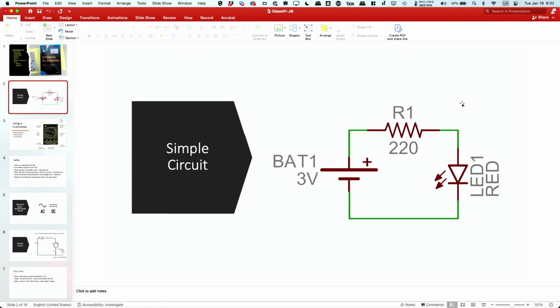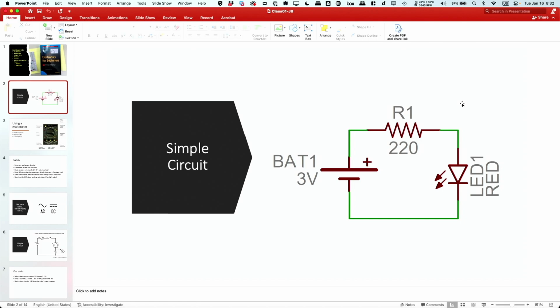One other thing on the subject of the circuit here: which way does the current flow in the diagram? In this case, it would flow clockwise. I could redraw the diagram so it flowed counterclockwise, just flip it, but in this drawing it's clockwise. Now how do you know it's that direction in this diagram?